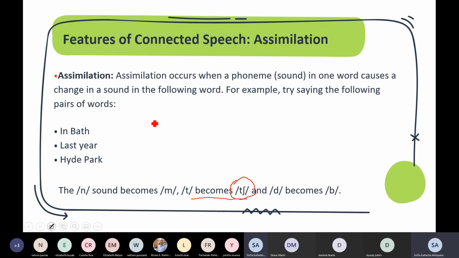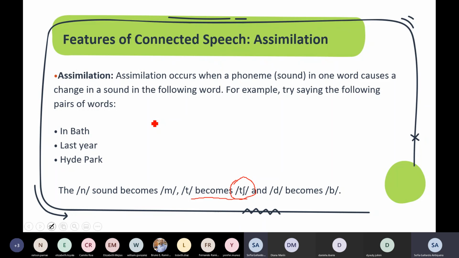Yes, teacher. Thank you. So let's do a really short recap. Within features of connected speech, we have several different categories, or features. We will review them in future classes, but for now we will focus on assimilation.